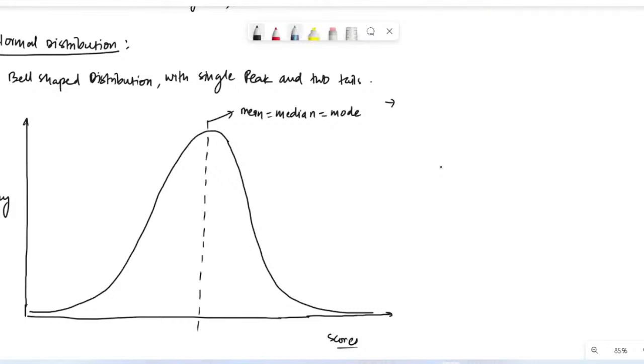Normal distribution has an alternative name as well, Gaussian distribution. So either you call it a normal distribution or a Gaussian distribution. What I said is that all three central tendencies fall on the same line.